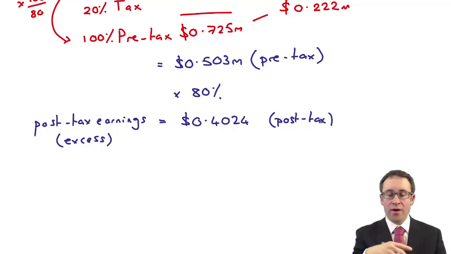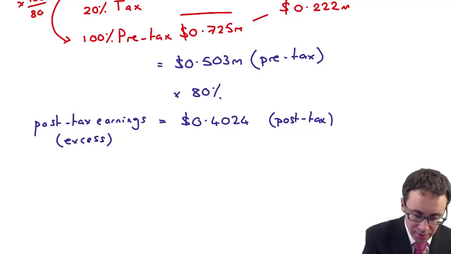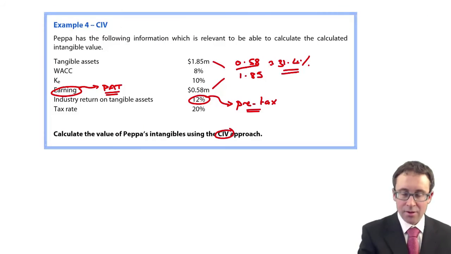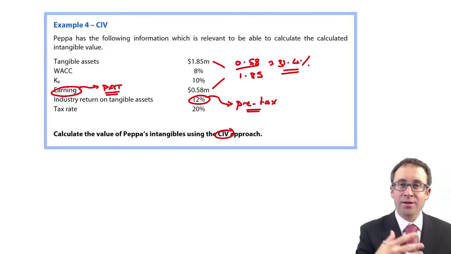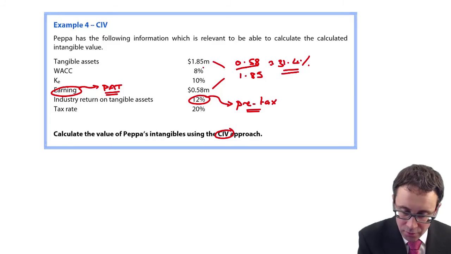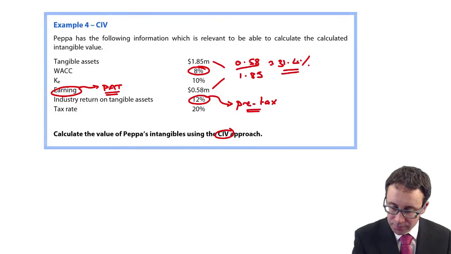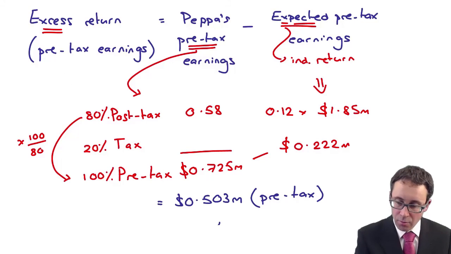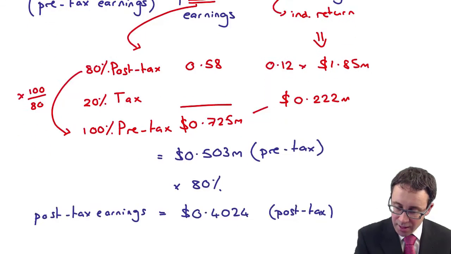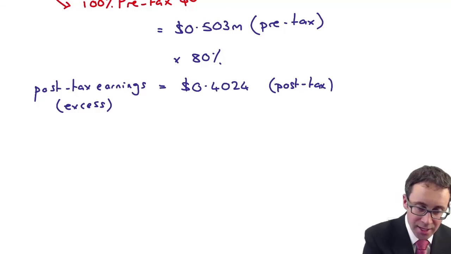And then we need to go through there and discount them back to present value. Again, when we do the discounting here, the way in which calculated intangible values is set up as a theory, we are going to discount at the weighted average cost of capital. Okay. Once we've got the weighted average cost of capital, is that there as 0.8.